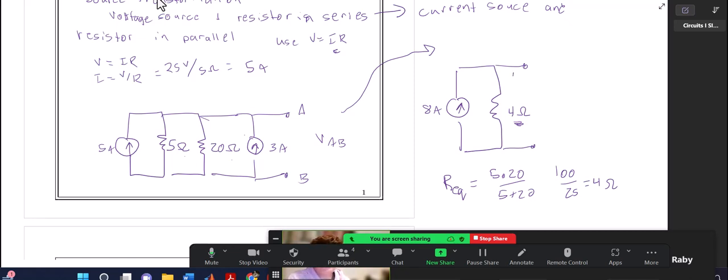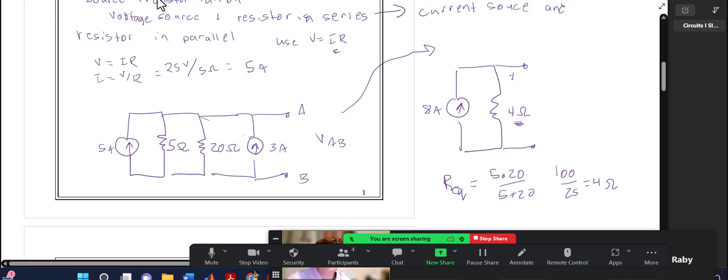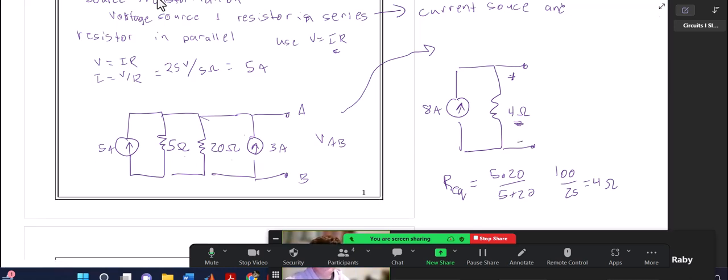Okay, so now this side was plus, this side was minus. And that works because my current is going down in this direction.